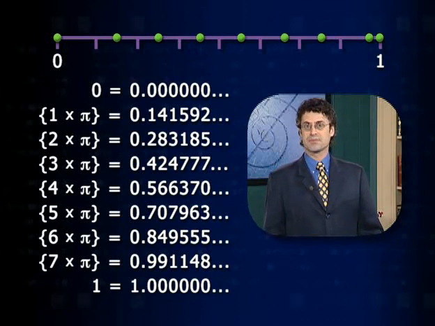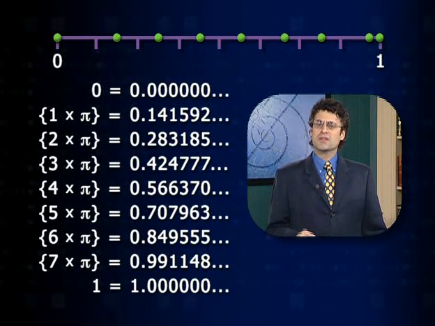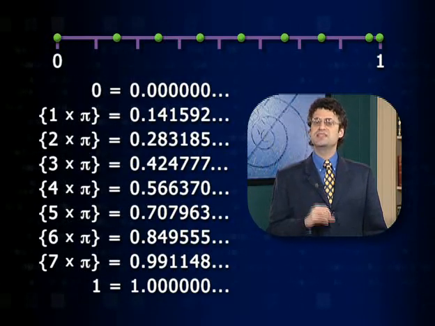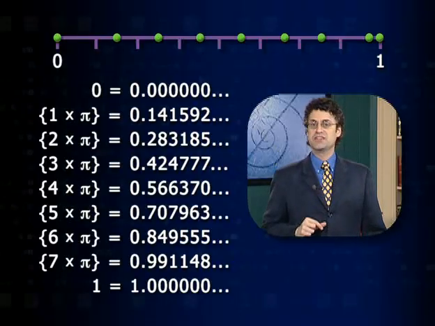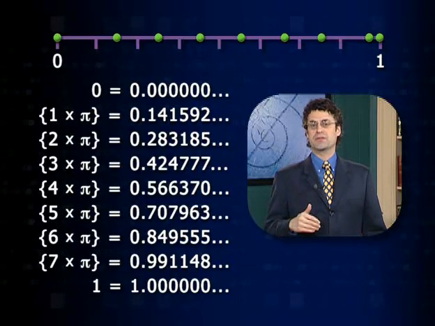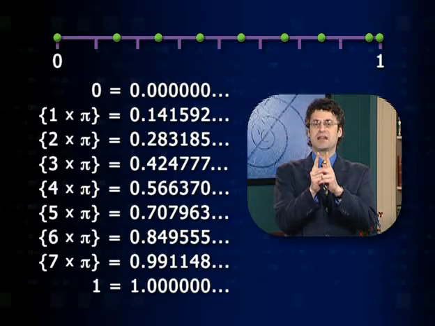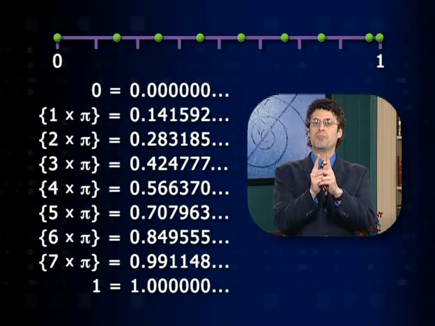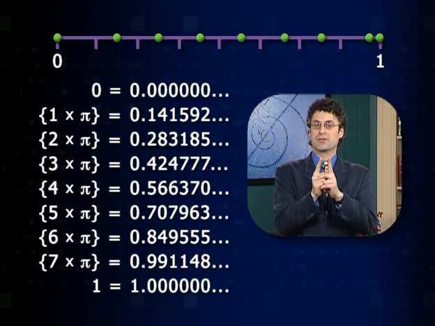So by the pigeonhole principle, we know that at least 2 of these 9 numbers must be in one of these 8 intervals, each having a width of an eighth, meaning that 2 of those numbers have to be within a distance of 0.125, which is 1/8, from each other.